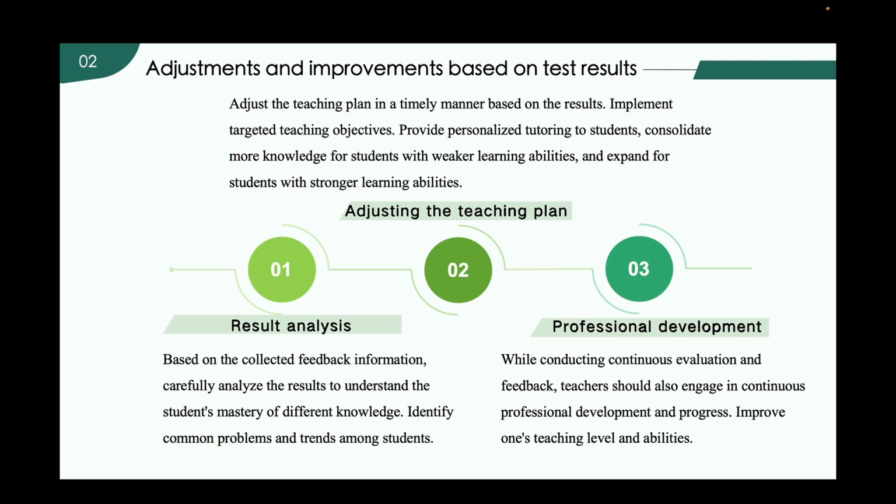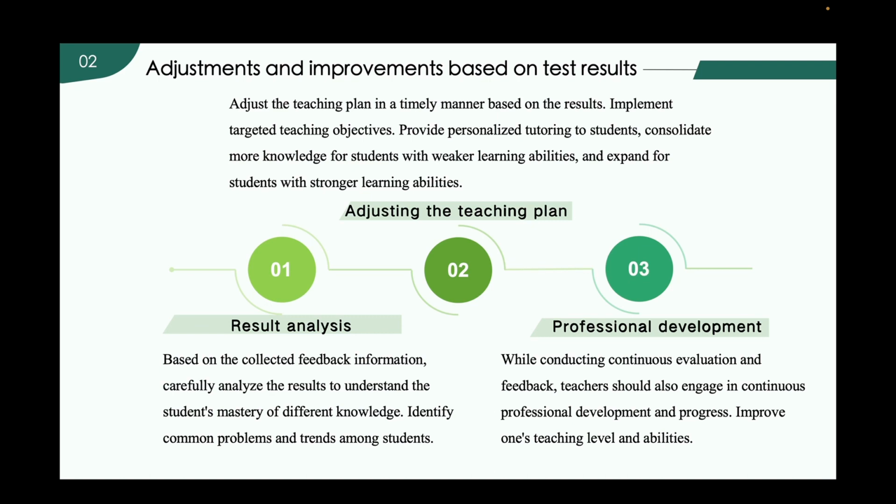Secondly, is adjusting the teaching plan. Adjust the teaching plan in a timely manner based on the results. For example, if students have a low accuracy rate for problems involving functions, the teacher should make adjustments.